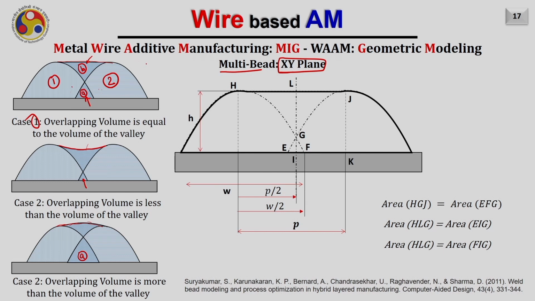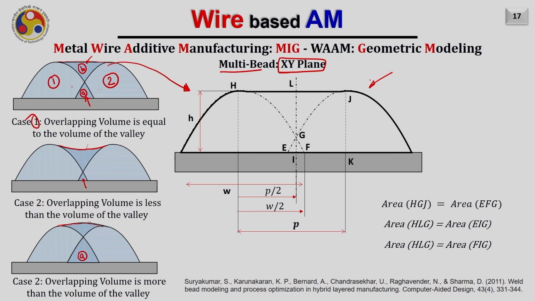So the optimality is when the overlapping volume and the volume of the valley are equal. So let us try to find out what will be the step over in that case if we consider that the volume of the valley is equal to the volume of overlap.